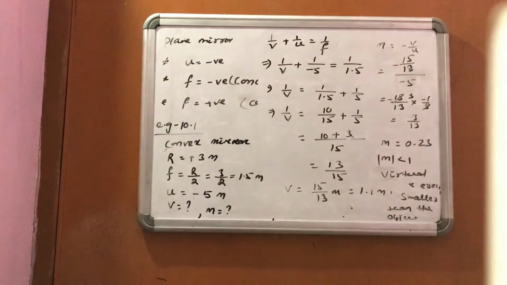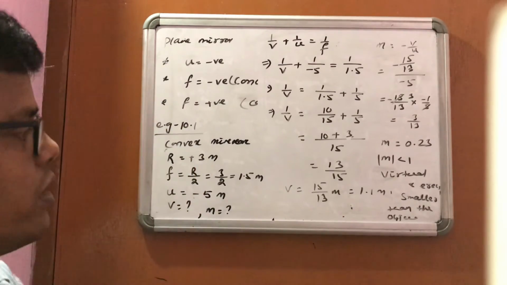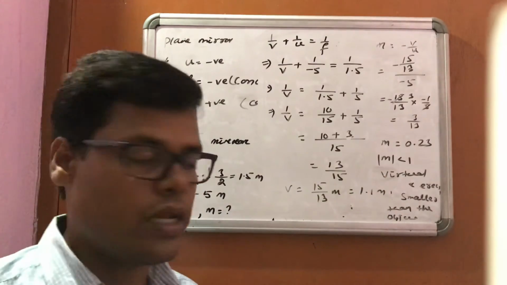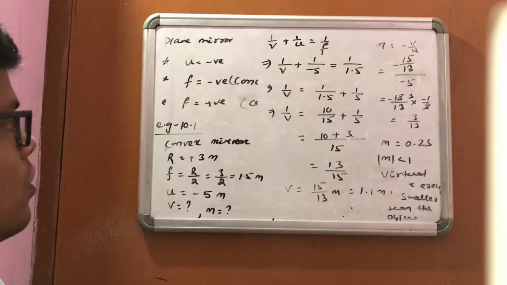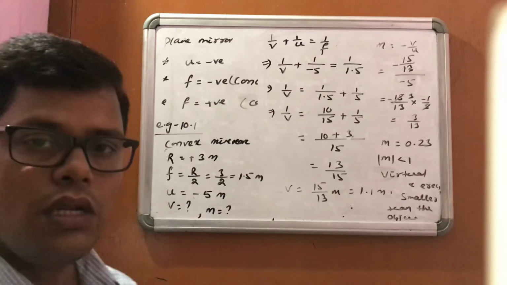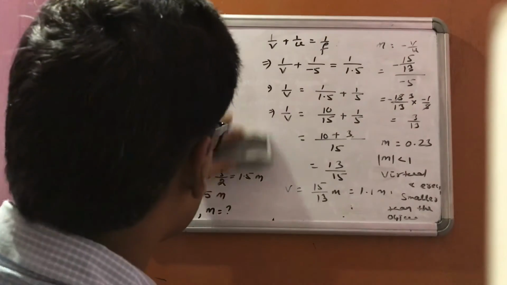So position is at a distance of 1.1 meter behind the mirror. Nature is virtual and erect, and it is smaller than the object. Okay? So this is a problem based upon the mirror formula. Let us take another problem.